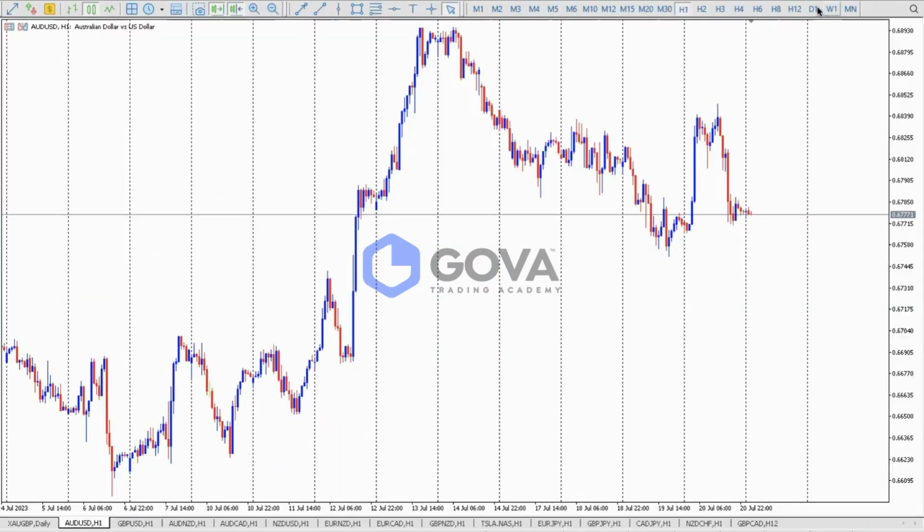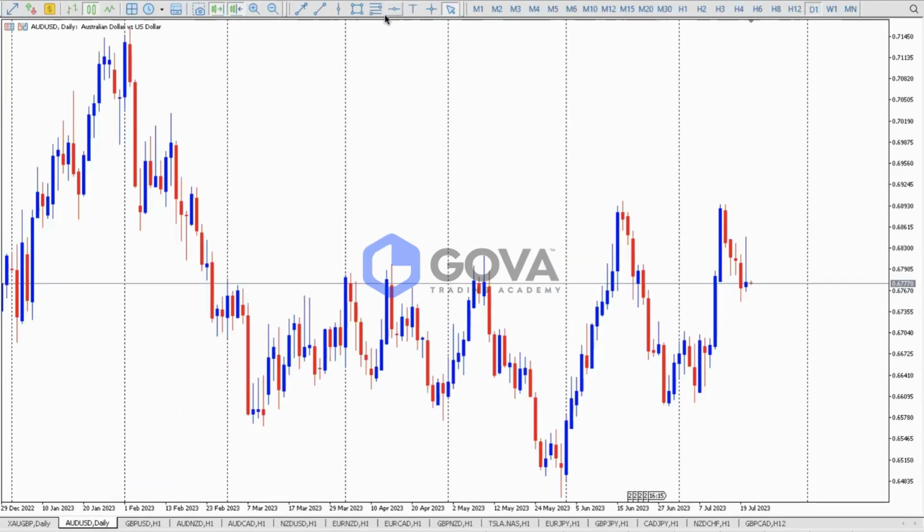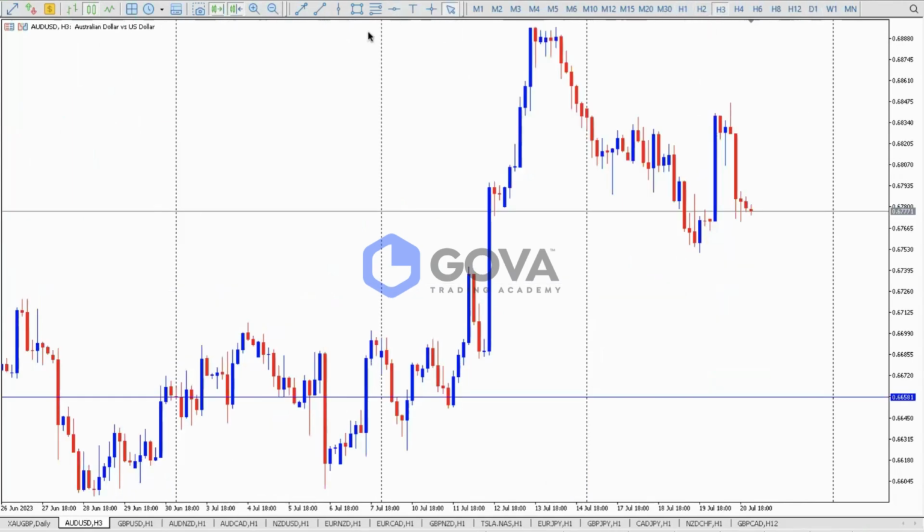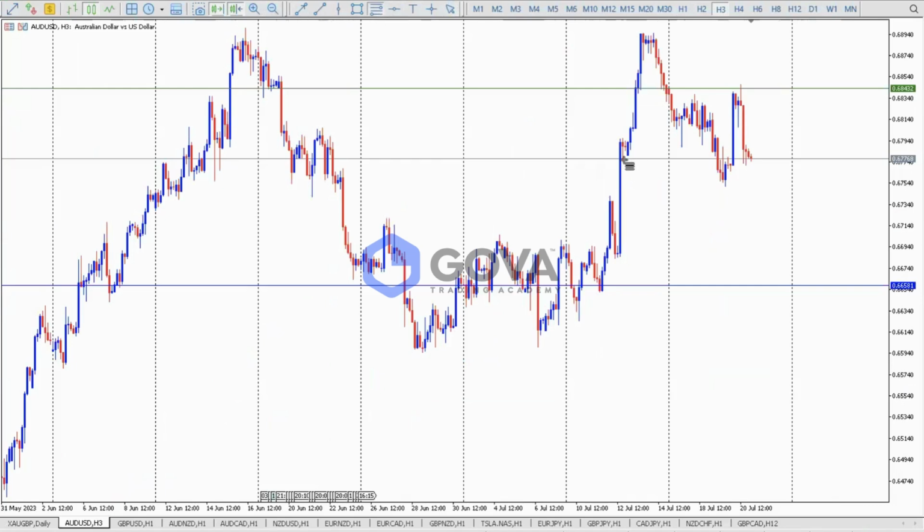On AUD USD, we have our monthly equilibrium line here, and then we have our weekly equilibrium line here, which is a green line. And then we were expecting market price to come back into this level and respect it, isn't it?